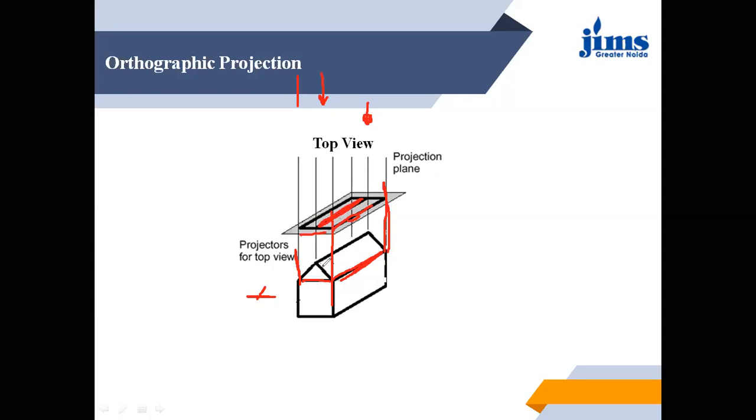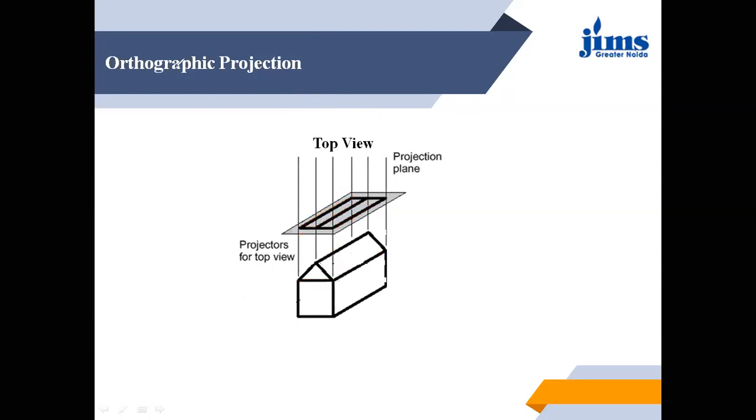So the distance of this width is the same, the distance of this is the same, the distance of the back, that is this one, is the same, and this is also the same as the object. So this was about the top view of this object.